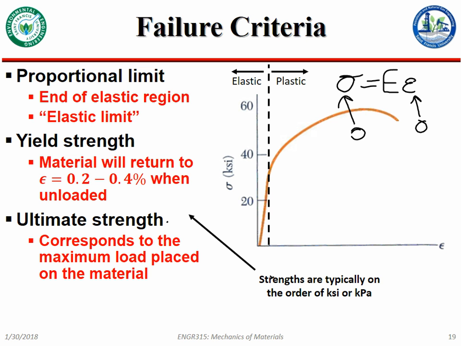When the material is yielded, when stress is 0, strain is a very small number that is not 0. So we said 0.2% to 0.4%, so 0.002 to 0.004. And that's kind of the yield strength.